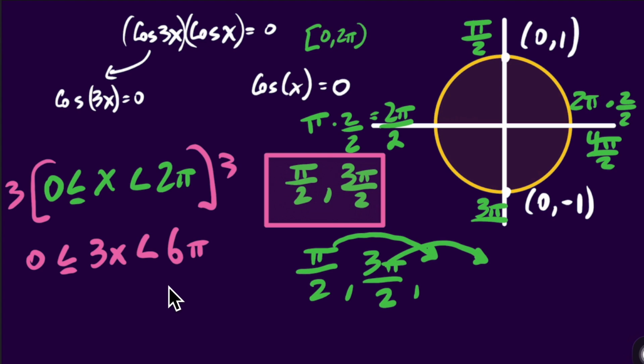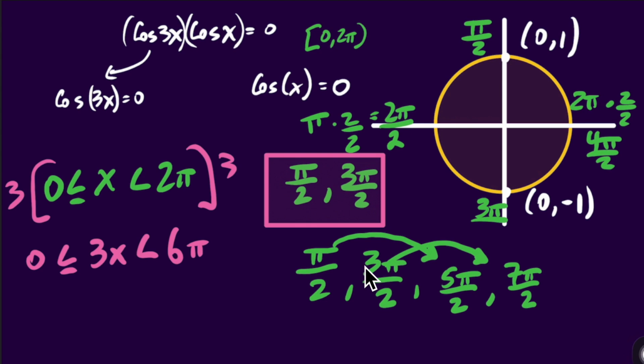So we're going to add 2 pi to pi over 2. That's a complete revolution. 2 pi is the same as 4 pi over 2. So that means this argument is going to be 5 pi over 2. When we add 4 pi over 2 to 3 pi over 2, we're going to get 7 pi over 2.